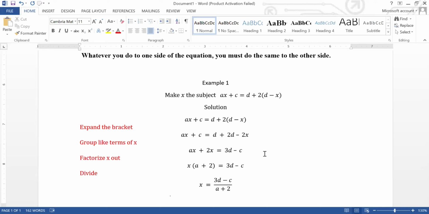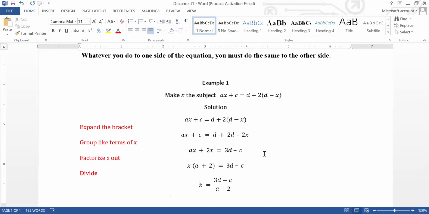Then moving on, we group like terms. On the left hand side there's ax plus c, on the right hand side there's d plus 2d minus 2x. You can see that x is on both sides, so we have to group them so that our factorization will be simple.